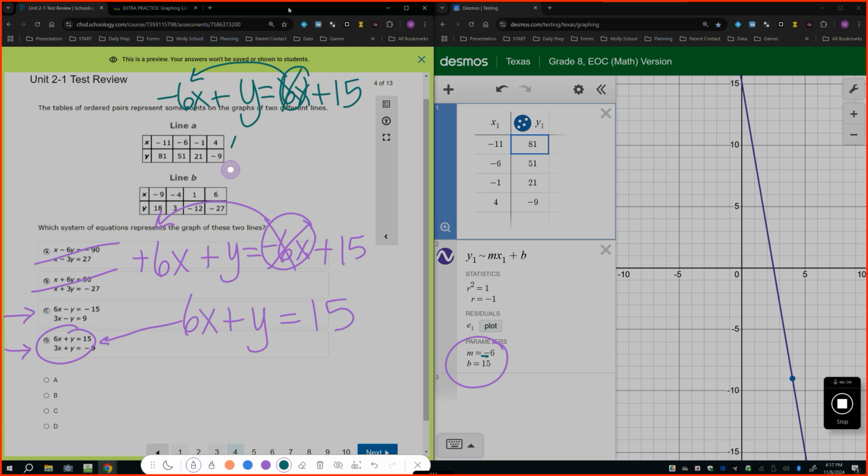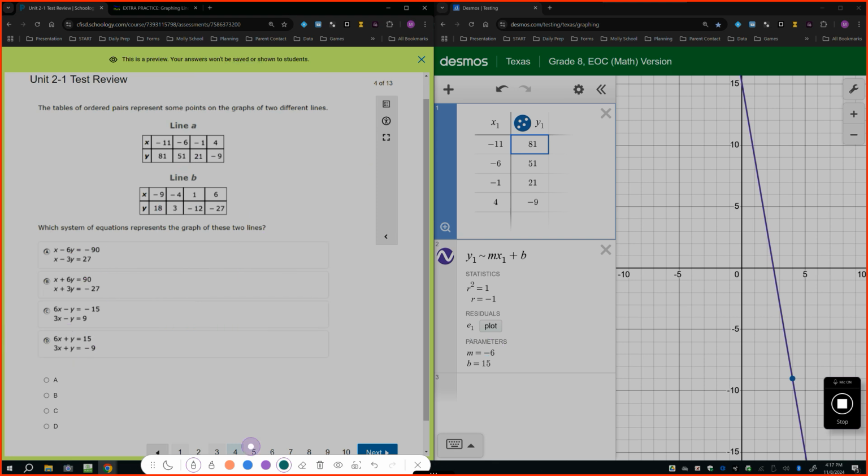So I can flip the sign on 6x, but if I do that, I have to flip the sign on everything. And take a look at this answer choice right here. It's exactly what I would get if I got the slope wrong. So you have to be so careful. Remember, we're careful and precise in algebra. It's so easy to mess this up. Be very, very careful.